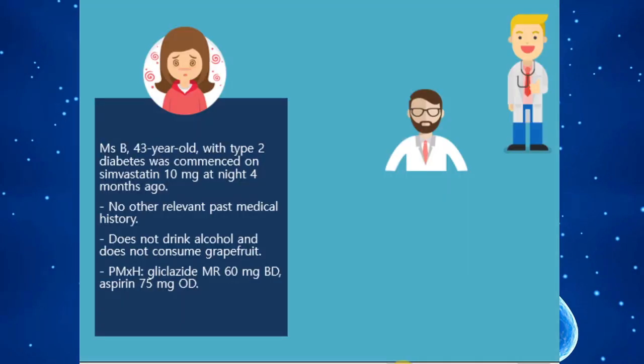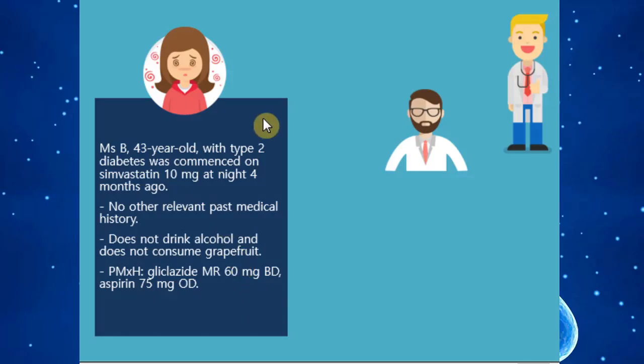So, an example case: Miss B, 43-year-old with type 2 diabetes, was commenced on simvastatin 10 mg at night 4 months ago. No other relevant past medical history, and the patient does not drink alcohol and does not consume grapefruit.